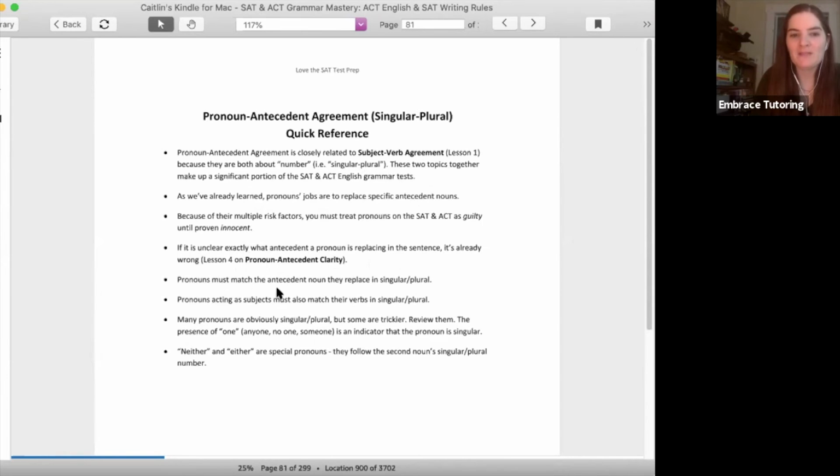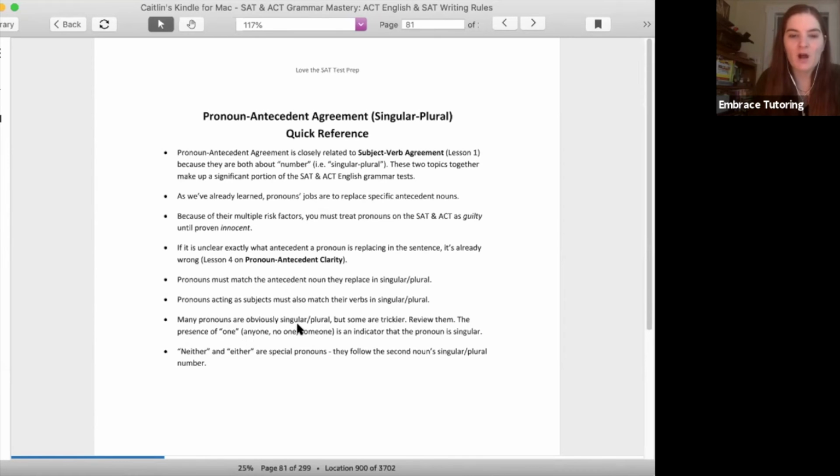So pronouns must match the antecedent noun they replace, in whether they're singular or plural. And pronouns acting as subjects must also match their verbs in whether they're singular or plural. So that means the pronouns have to agree with the verb they're attached to. Okay, pretty logical. And we've talked about subject-verb agreement before.